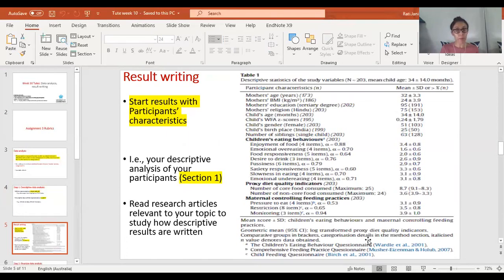This is from one of my papers, where if you see, I have age, BMI, education, religion, all of those kind of basic socio-demographic characteristics. If you see over here, and this is not compulsory, but individuals who want to do it, definitely I encourage them to do it. I have given my mean scores over here as well.